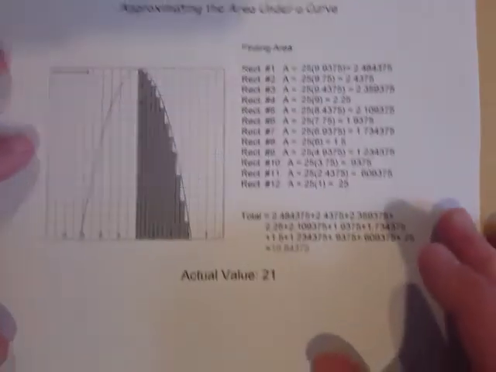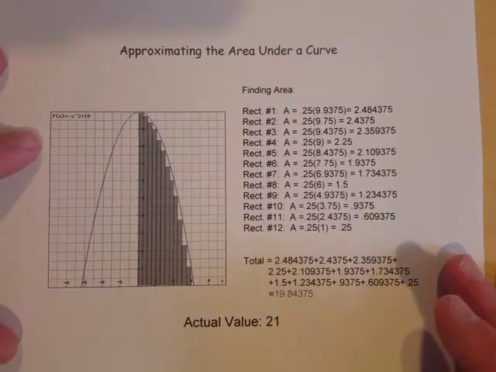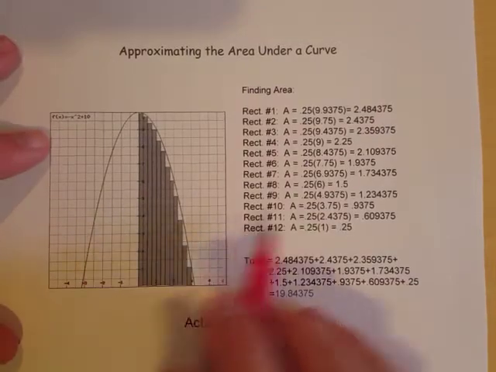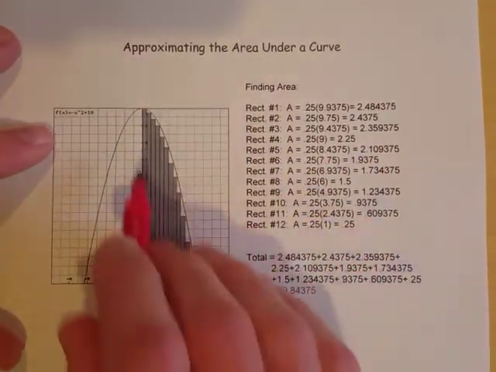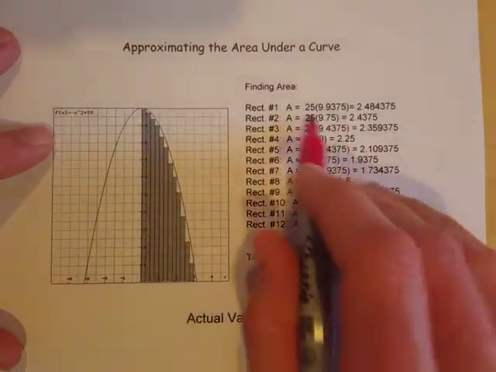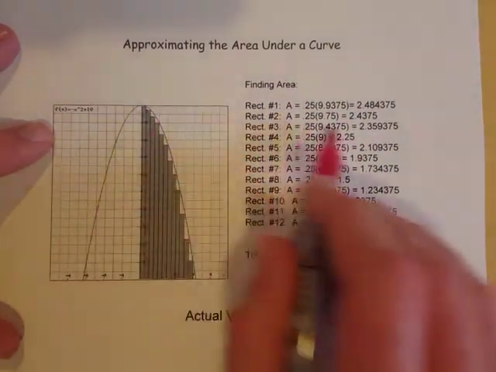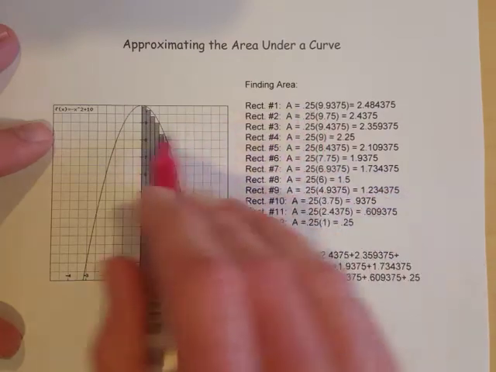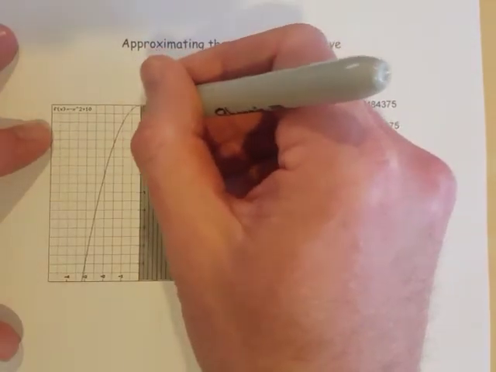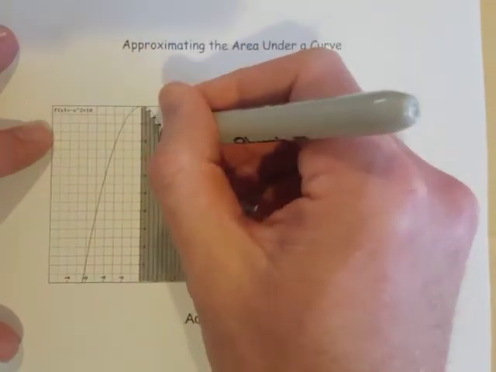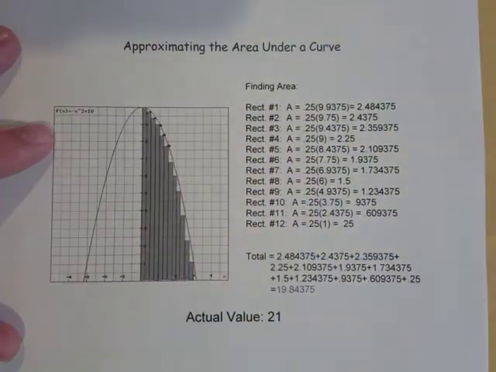We continue to do that, and what we find is that we get a little bit better estimate. We have a bunch more rectangles. As you can see, the calculations are getting more tedious. The width of each rectangle is 0.25. The height, again, is just where we touch the function on the right-hand side of each one of those.